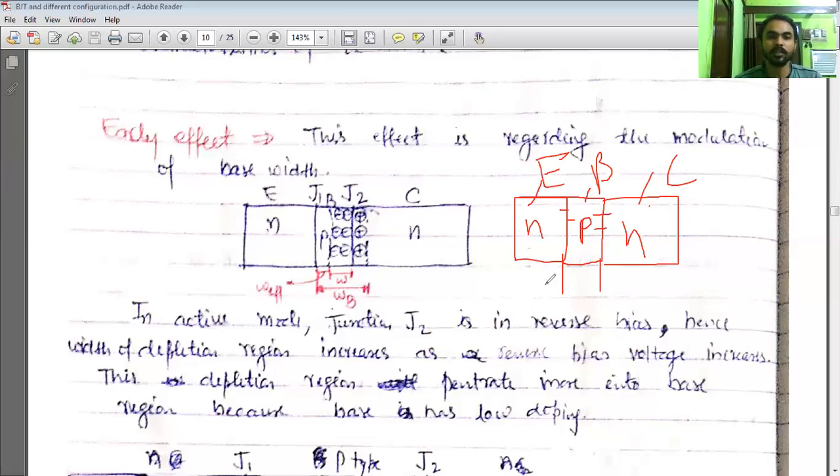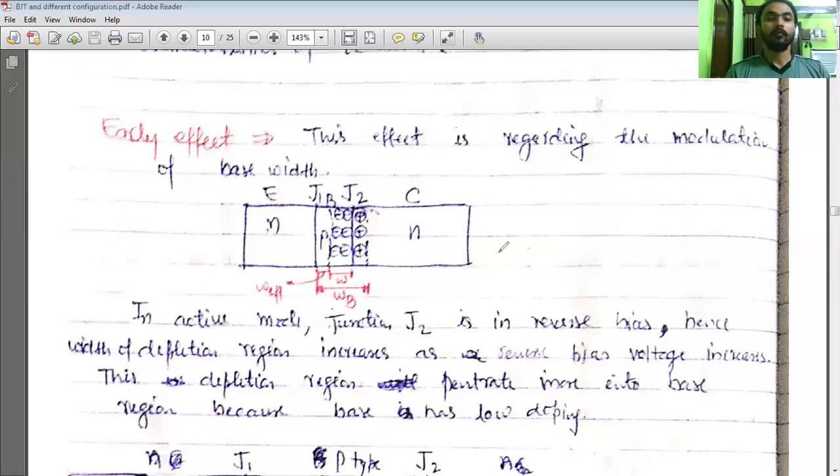So the junction width, that is J1 and J2, will increase. Definitely it will not create its own space. It will have to somehow penetrate either this way, the collector way, or this way, the base way.